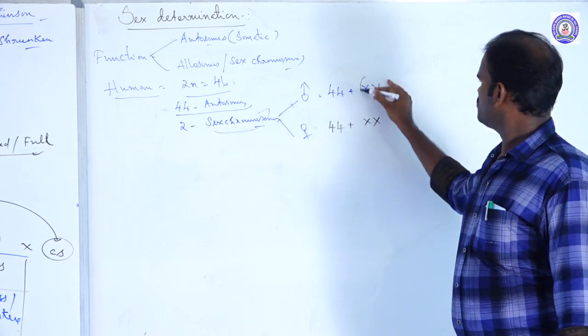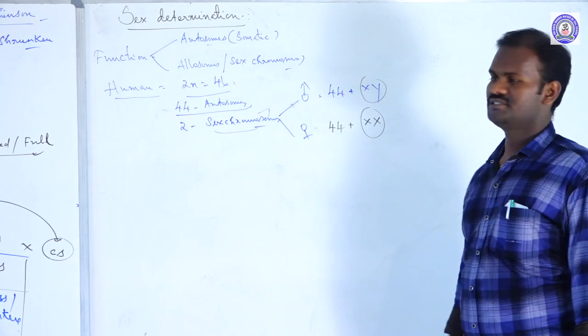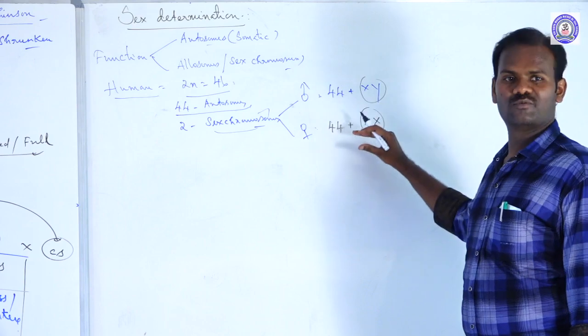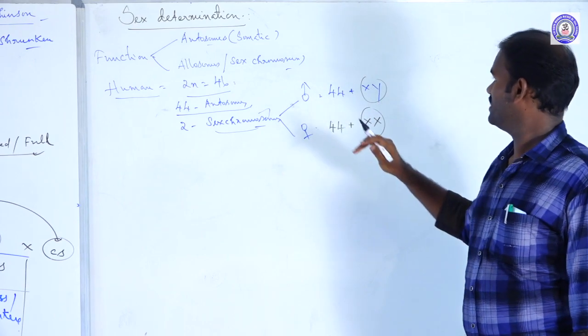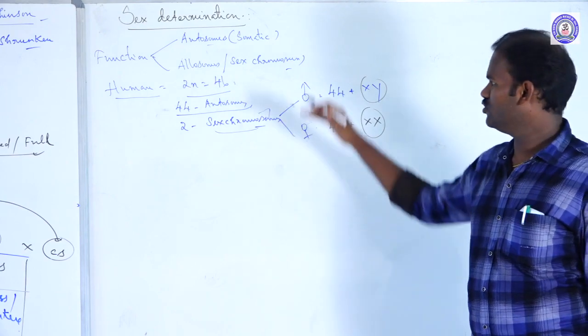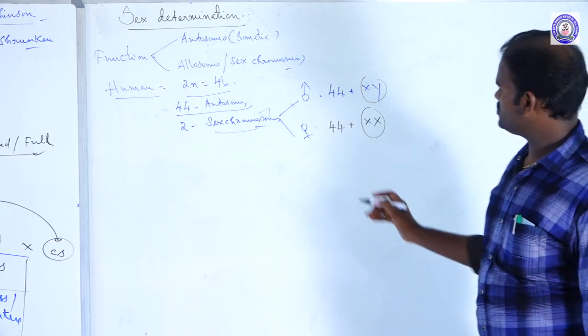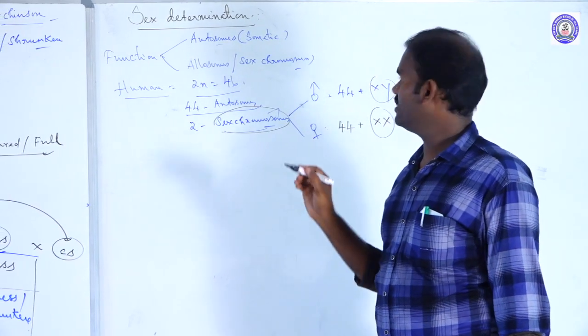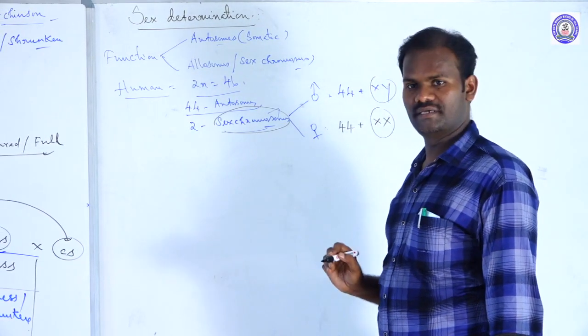So these 2 chromosomes are involved in the determination of sex, whether male or female. So they are called sex chromosomes. These are the sex determination of male, I mean human being. Based on these sex chromosomes, it is also called the allosomal basis of sex determination.